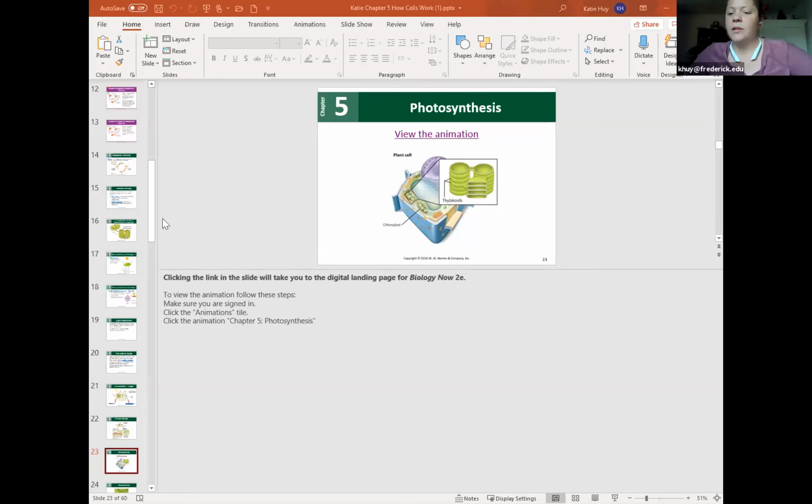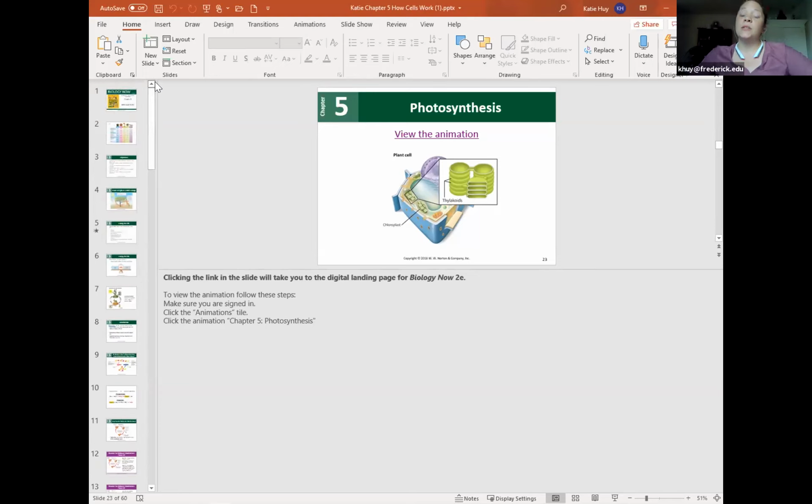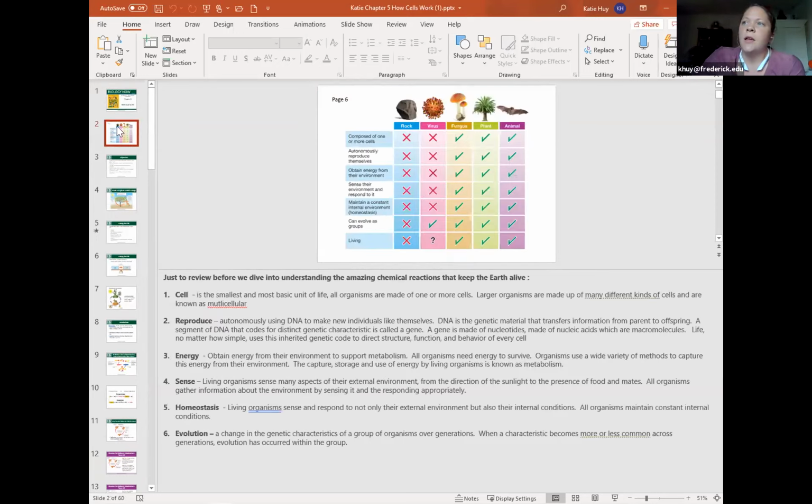Hi, Carson, welcome. So when you are looking at these PowerPoints, please make sure that you have this view so that you can see not only my PowerPoint, but the notes that I put in here for you. Those are super important. In here, I'm saying, please make sure that we're talking about how cells work.